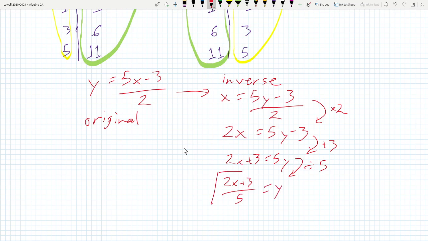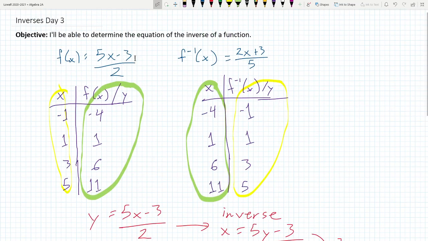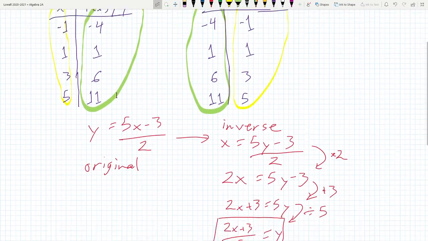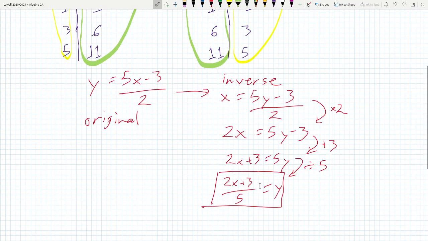Now check this out. You might remember that this is exactly what we did when we used words to describe how to undo the original function. So really, algebraically, or symbolically, or procedurally, if you want just a formula to get the inverse of a function, all you need to do is take the original function, wherever you see an x, replace it with a y, and wherever you see a y, replace it with an x.